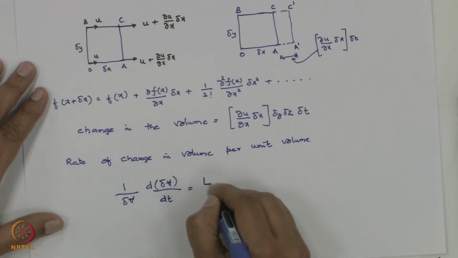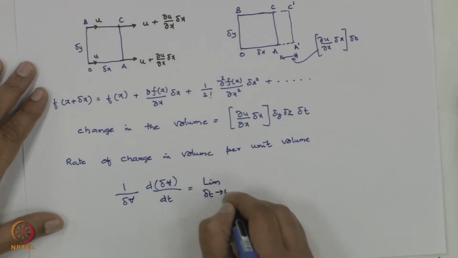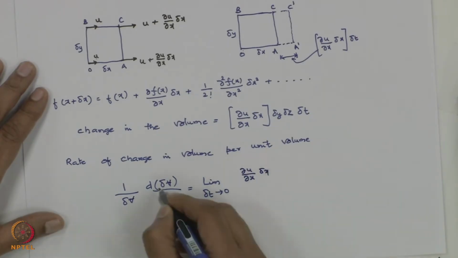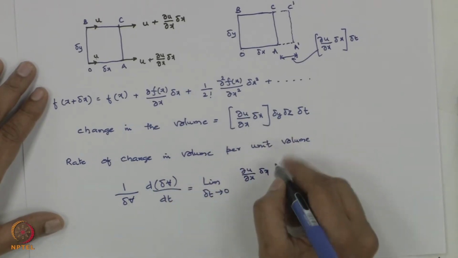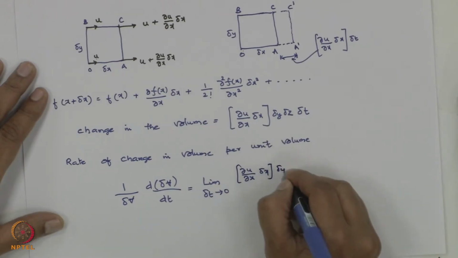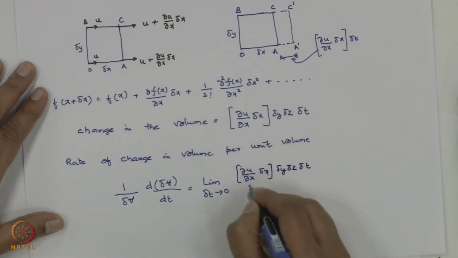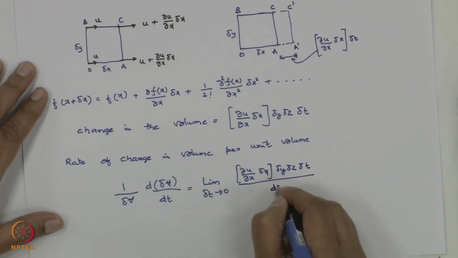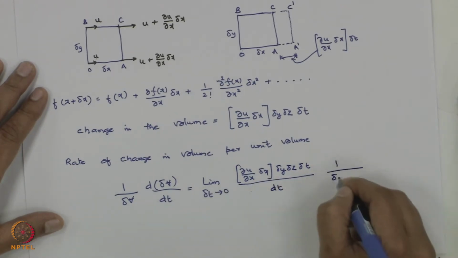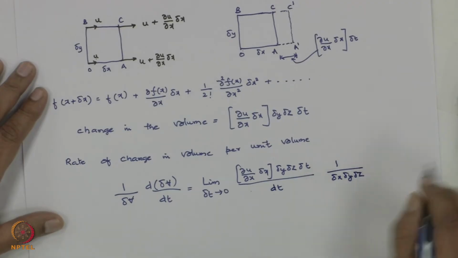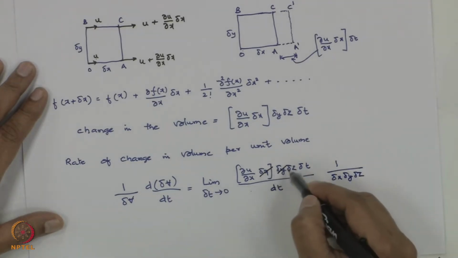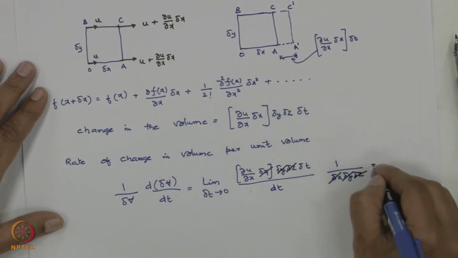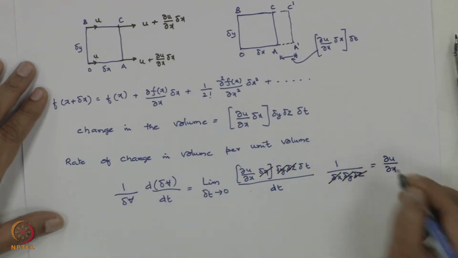So, that is the limit as delta t tends to 0, del u by del x delta x, the change in volume is delta x delta y delta z delta t, upon dt, and of course, I am having delta x delta y delta z. So, what will happen? Delta x delta y delta z gets cancelled out. So, I am left with del u by del x.